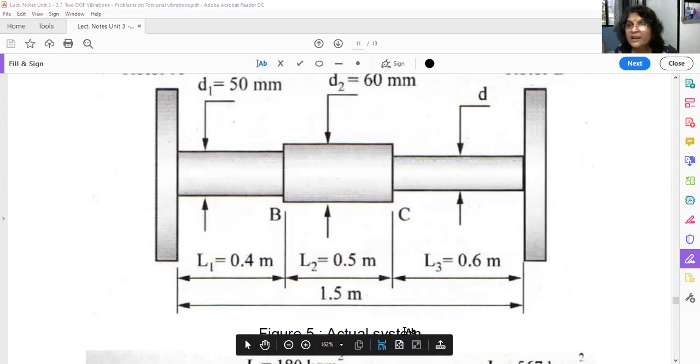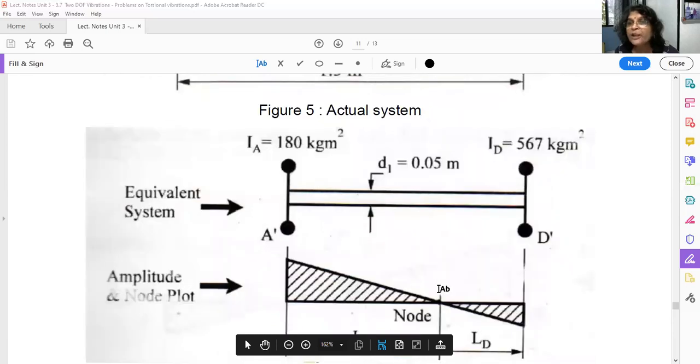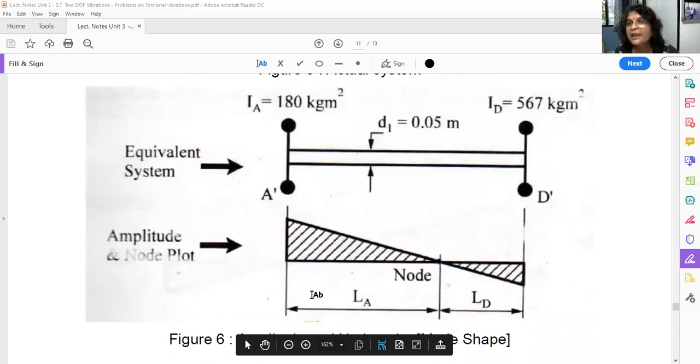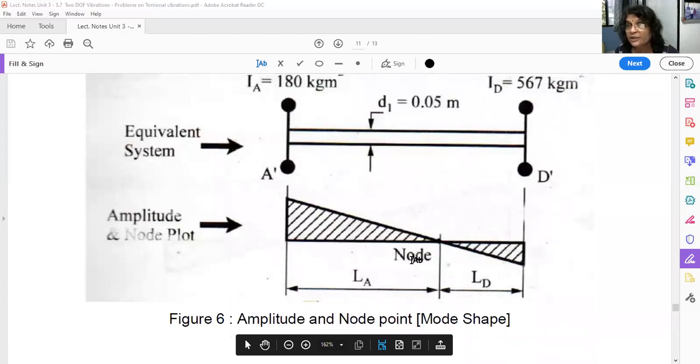So you can write down the formula that LA is equal to the equivalent length, but it is equivalent up to the node point only. I cannot consider the total length, because D3 is not there. So instead of writing the formula for total equivalent length, I write down the formula only for LA, because I know the node position.